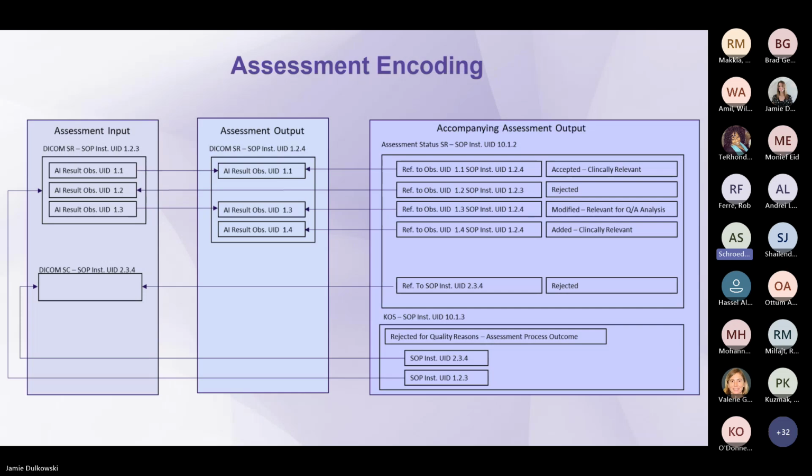As you can see, for the accepted or modified findings, it references them into the updated assessment output SR. For the rejected one, since that is not in the updated SR, it references into the original AI results, so that if you want to do some further investigation, you can take a look into that one and identify what may have caused the problems.